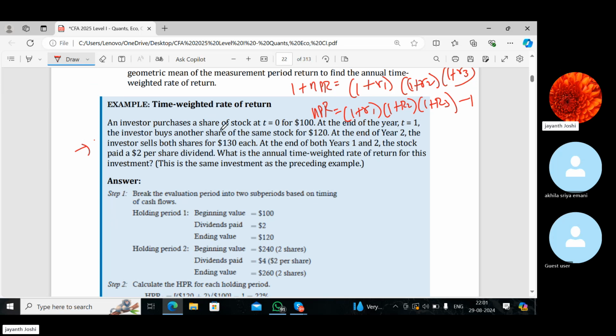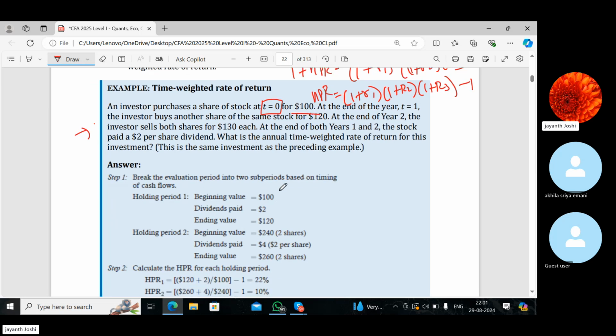An investor purchases a share of stock at time 0, that means on the first day of the year, for this many dollars. So the holding period 1 beginning value is this. At the end of year T1, the investor buys another share of the same stock for 120.